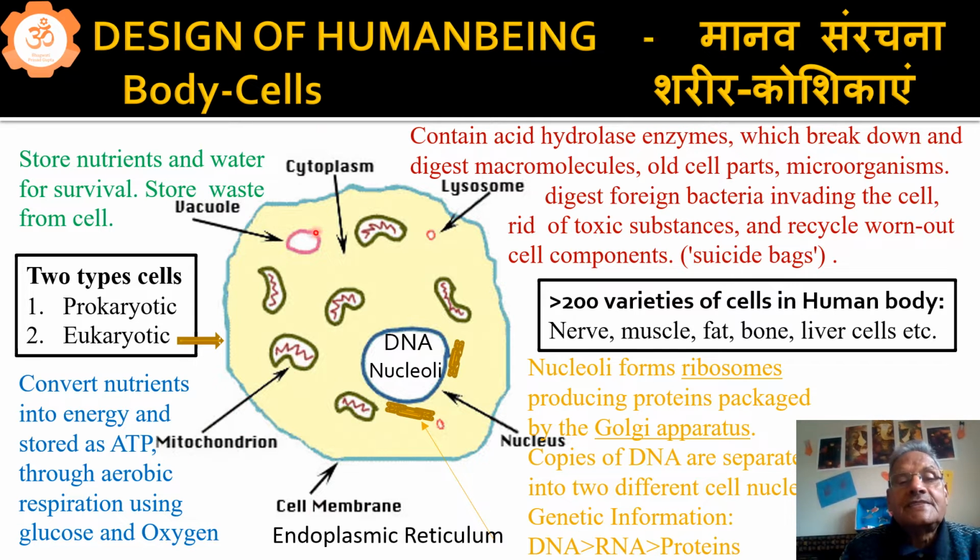So from the nutrients they take glucose, and through respiration whatever oxygen comes helps in converting this glucose into energy. So this mitochondrion is basically to convert into energy. And this mitochondrion we get from our mother, and my mother must have got it from her own mother, like that. It is passed on through the mother.